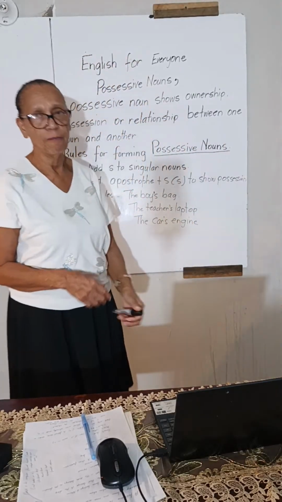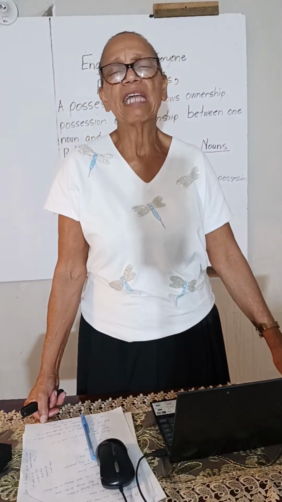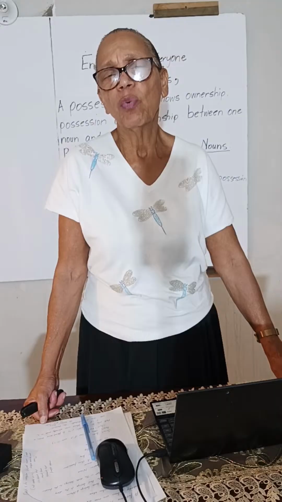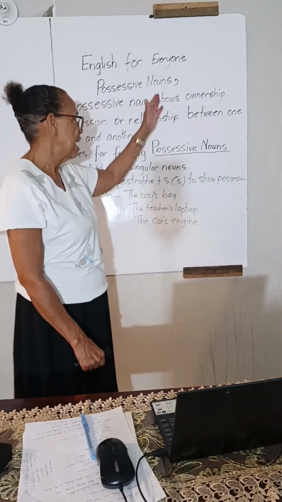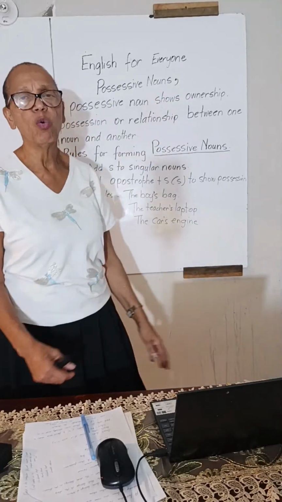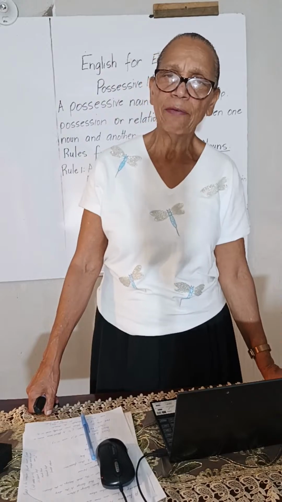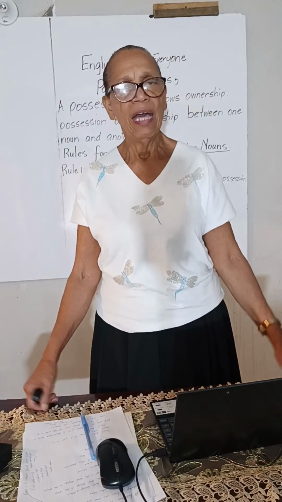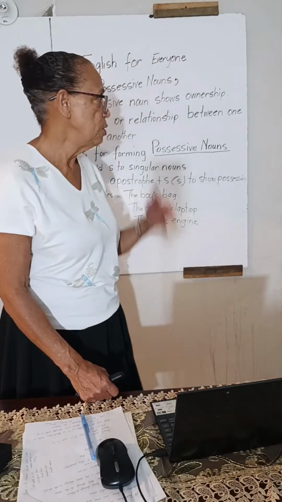Now this apostrophe can be on the inside as well as on the outside. So we have to know the rules, when to put the apostrophe on the inside and when to put it on the outside. That's all there is to it. And that's possessive nouns.